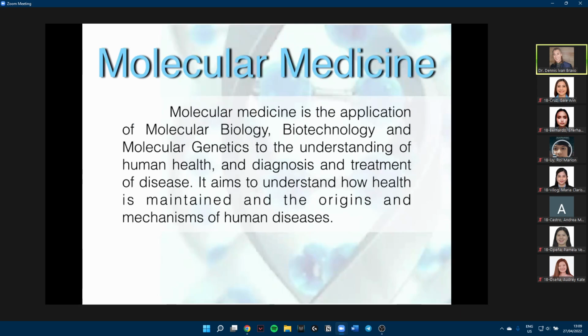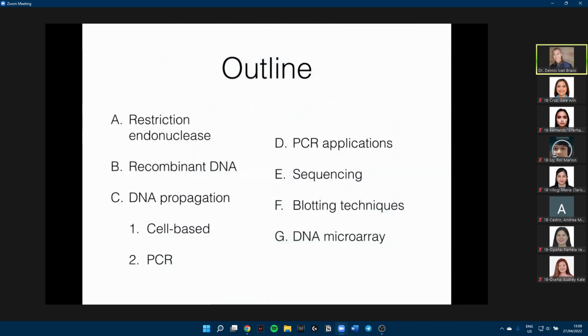Okay, so what are the topics that will be covered here? We'll discuss first restriction endonucleases, followed by the discussion of recombinant DNA. And then we'll proceed with how DNA can be propagated, starting with a cell-based technology for propagating DNA, followed by an in vitro process called PCR.